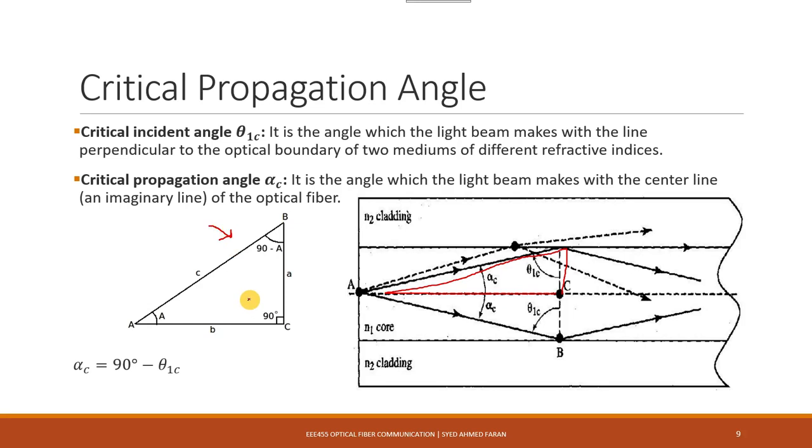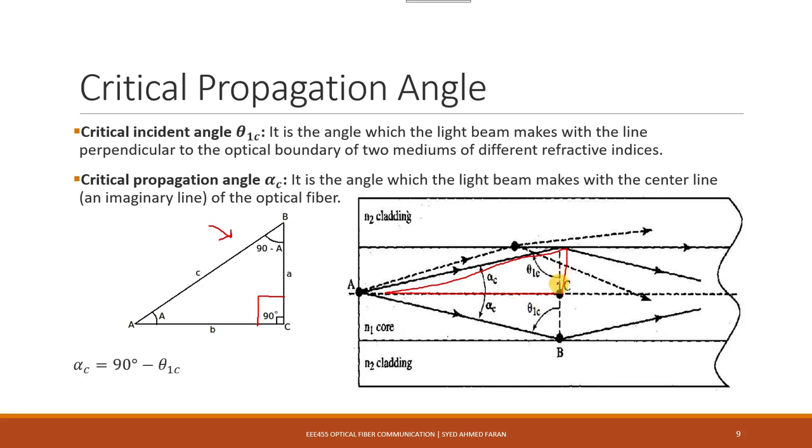From the geometry of triangles, if you remember from your mathematics classes, a triangle has total angles of 180 degrees. For a right angle triangle, this angle is always 90 degrees.